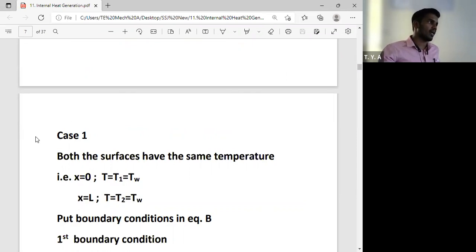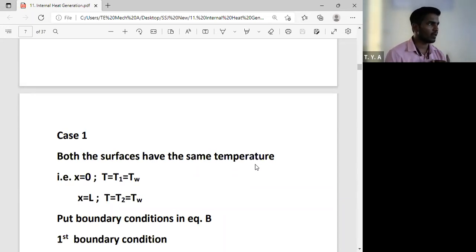Consider case 1. Here we are going to consider two cases. In the first case we have to consider that both the surfaces have the same temperature, meaning the left surface and the right face have the same temperature.